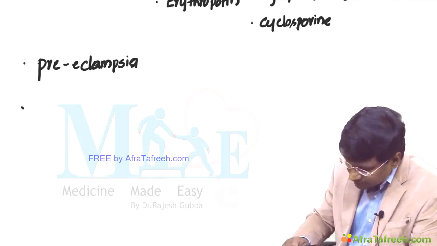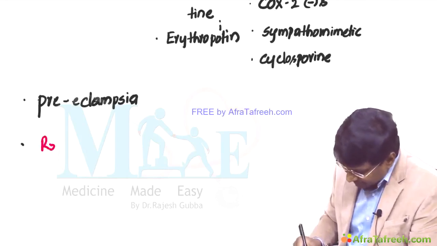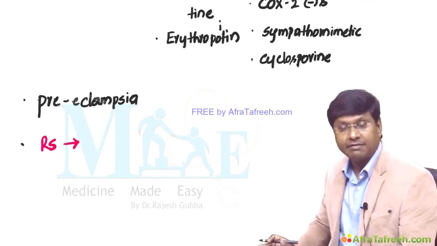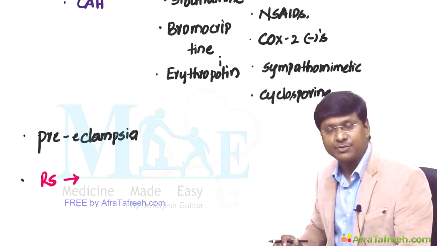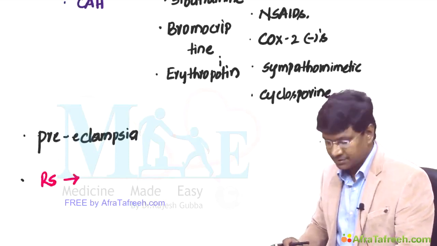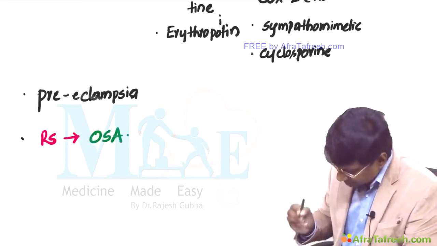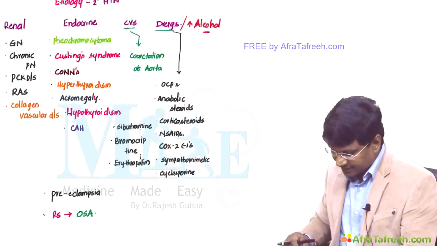Now, apart from pregnancy, take respiratory system pathology where the individual can develop hypertension. One of the very important respiratory pathologies is obstructive sleep apnea, that is OSA. So these are all the secondary causes for hypertension.